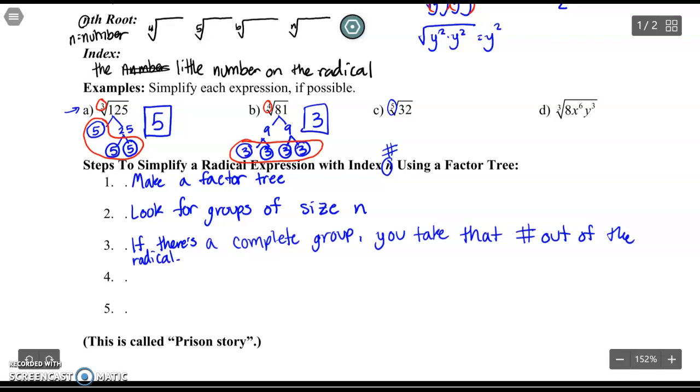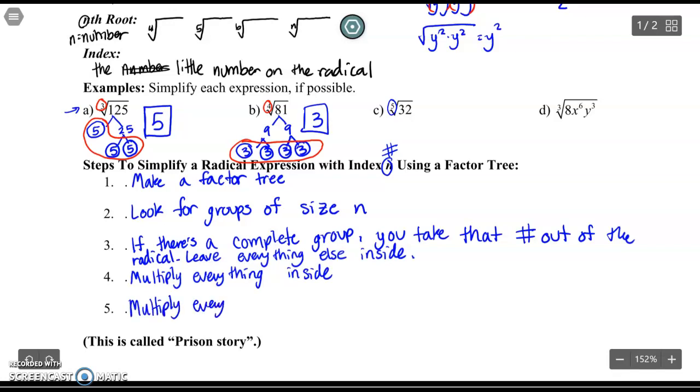Everything else just stays inside. Leave everything else inside. Okay? And then the last step is that you're going to multiply everything that's inside the radical together. And then multiply everything that's outside the radical together.